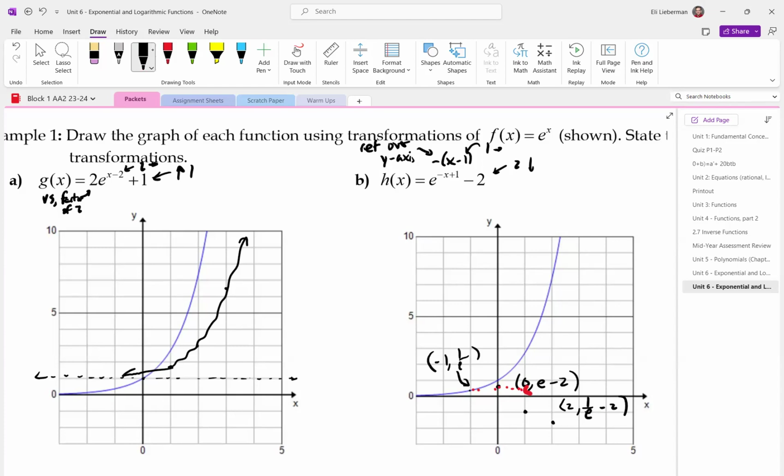And of course, I also should graph in the asymptote, which is y equals negative 2, just so we have a floor. It's like a skeleton for your model. Do I have a point right here?